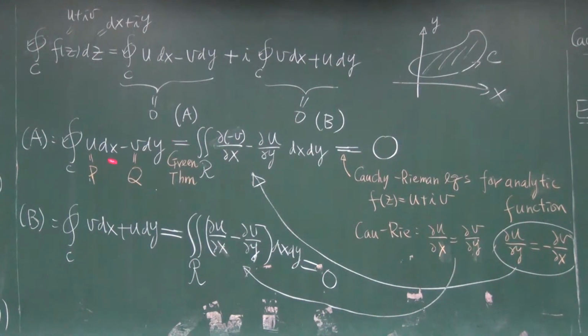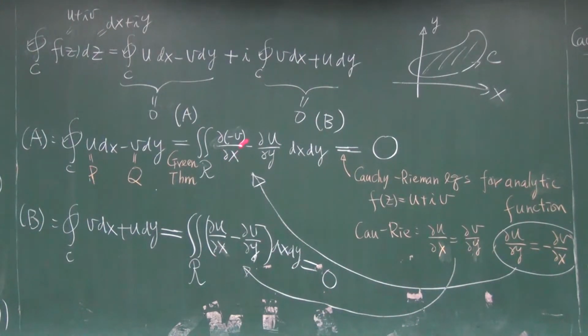So now Q is minus v, so we put Q here according to the Green theorem, and P equals u, so we put P here. Now we turn this contour integral into the area integral like this, and then this will be equal to 0 if the Cauchy-Riemann equation for analytic function holds.